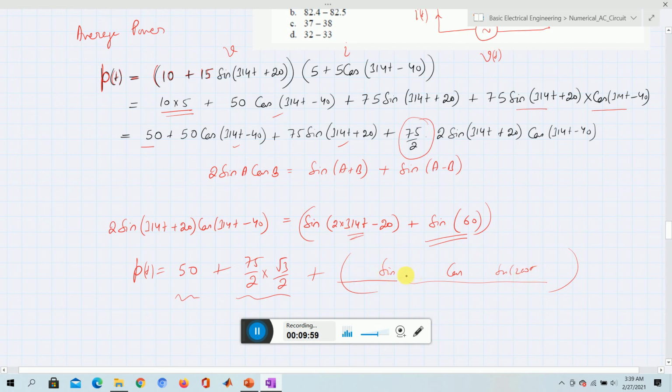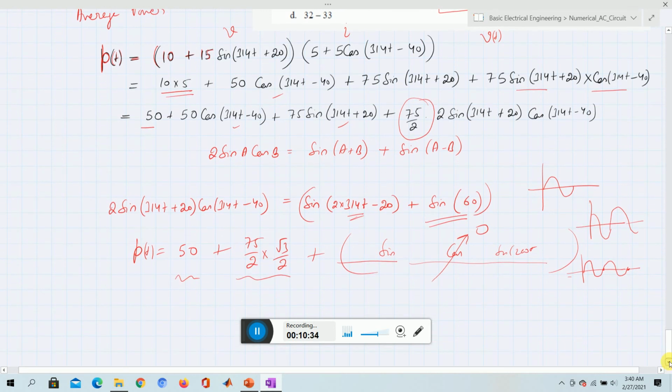On an average, the average of a sine wave or the average of a cosine wave both lead to 0, even if it is twice the harmonic of it. Even if the frequency gets doubled in one cycle, like a 2 omega term, that term also leads to 0. That is why all these terms lead to 0, and whatever the average term is, the remaining is this.